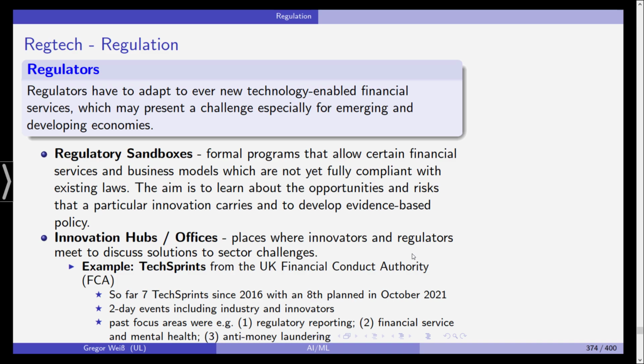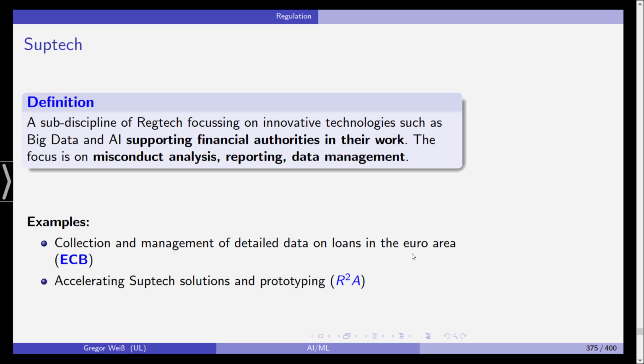These were, for example, on regulatory reporting, financial service and mental health, anti-money laundering, and these kinds of topics. So this is how regulators and the industry try to discuss new ideas when it comes to new technologies and new challenges. Okay, so this is Regtech, and we'll now, in the next video, switch to Suptech.